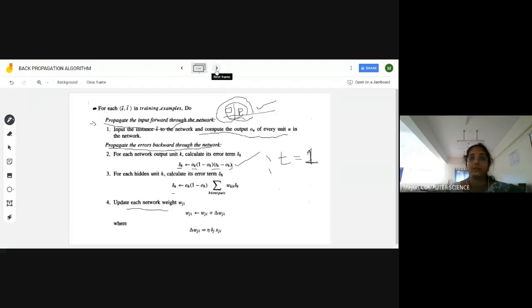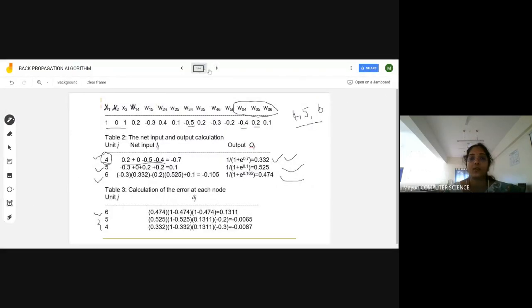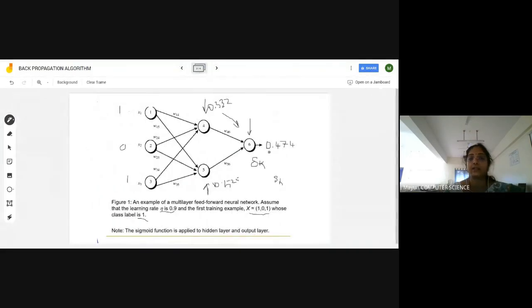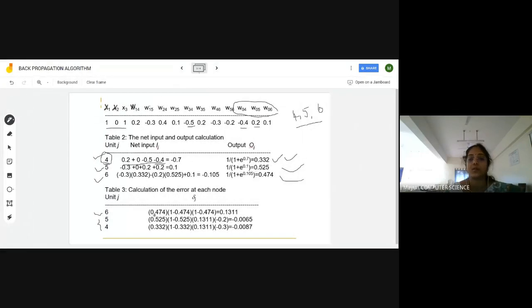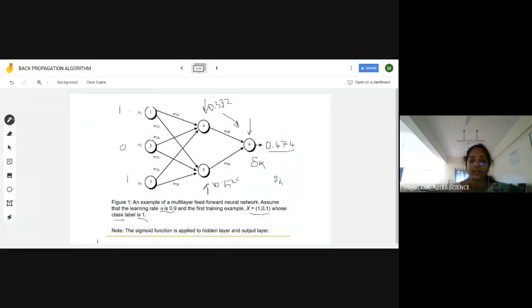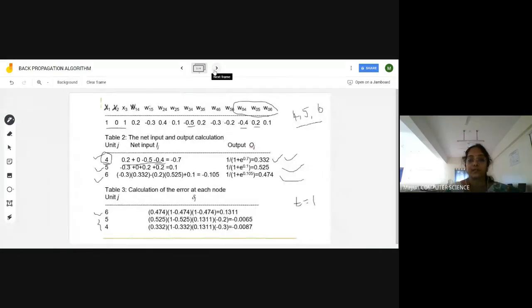So let me go there. What is the output you have calculated at 6? It is 0.474. You could see that. So Ok into 1 minus Ok into Tk minus Ok. What is Tk? The target class is 1. It is given in the question, the class label value is 1. Fine.